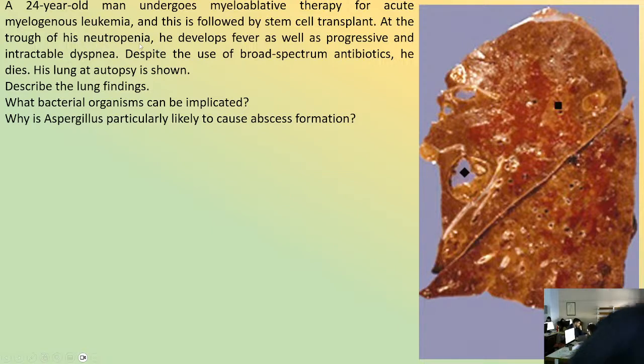And of course, why did this happen? Why did this patient who had a transplant for leukemia have neutrophils in the blood so low that this made him vulnerable to microbes? Why did this happen? What do you think? Yes, please.